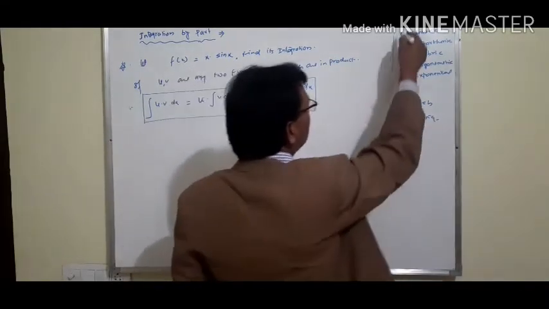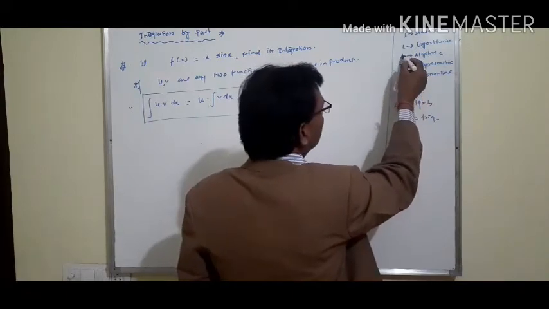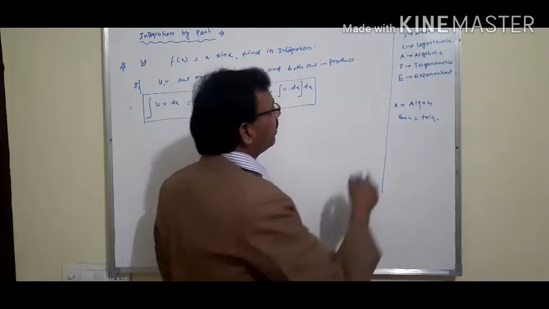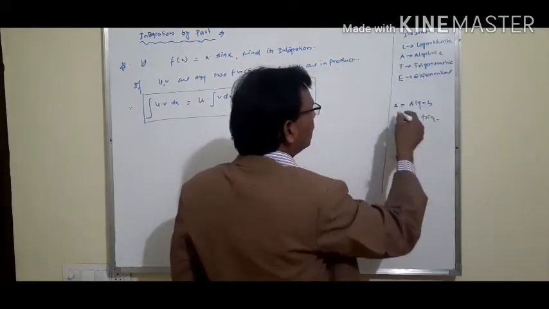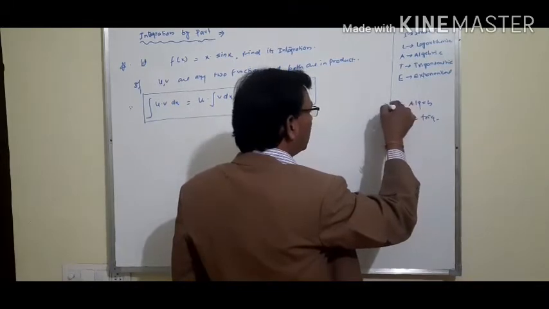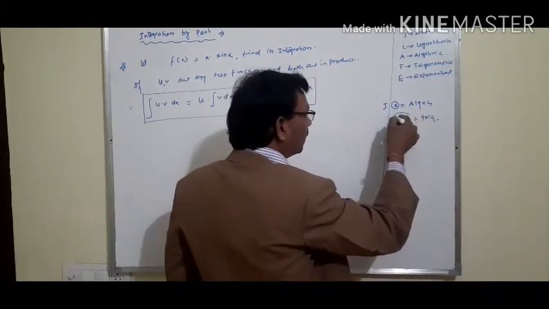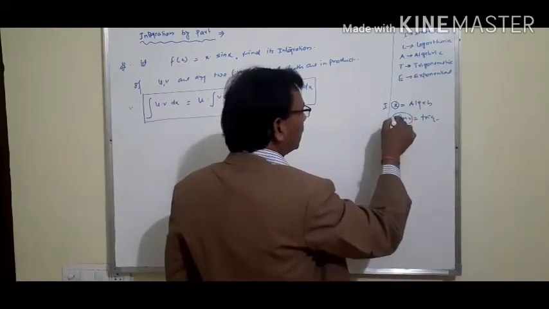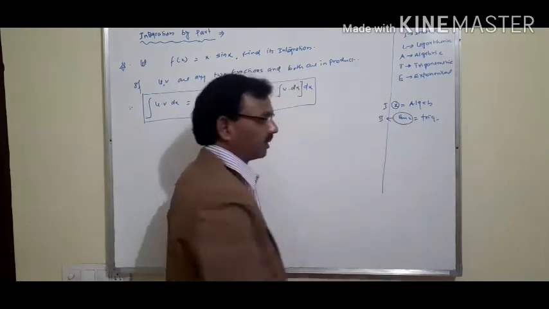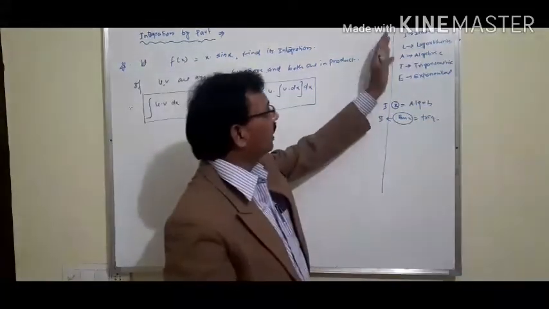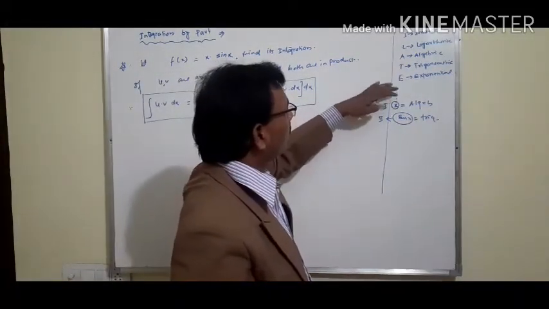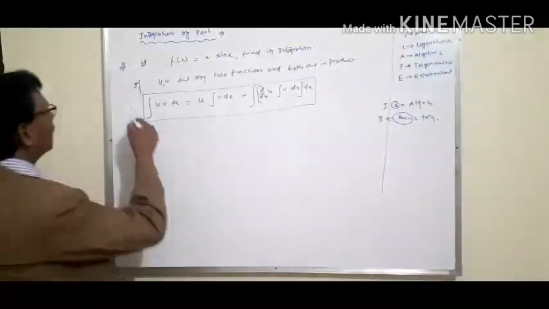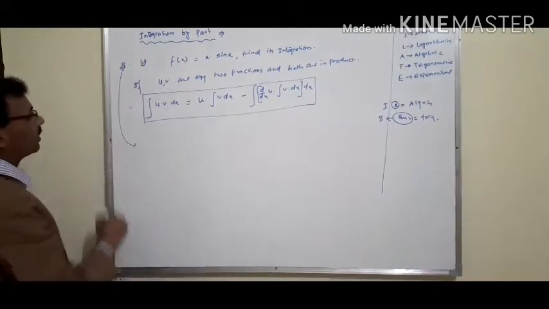In this rule, the algebraic function comes first, then the trigonometric function comes. So the algebraic function will be the first function and the trigonometric function will come after that, so the trigonometric function will be the second function. This helps us determine the first function and the second function. Now we start to solve this question.